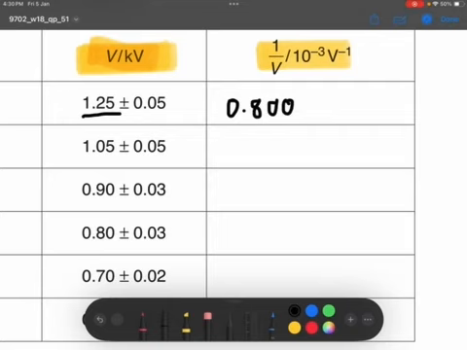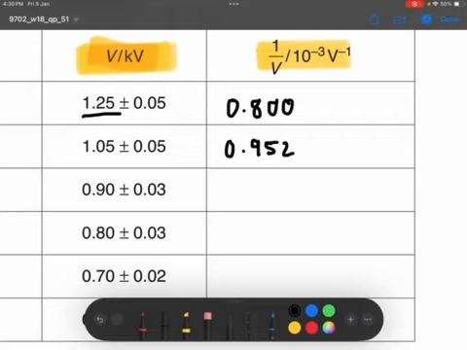So we continue with the rest. 1 divided by 1.05 gives us 0.952, and remember, we need it to be 3 significant figures. Again, 1 divided by 0.9 becomes 1.11111.